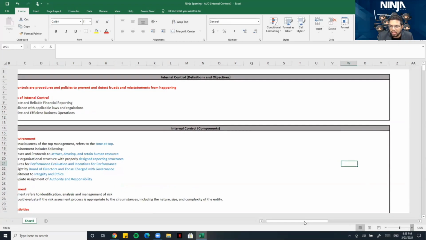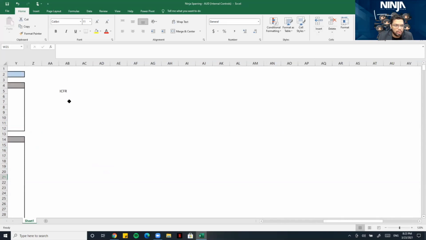The examples of these controls could be review of a journal entry before it is posted, that is internal controls over financial reporting. Credit check of a customer before a sale is approved.